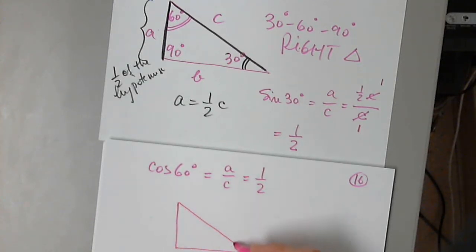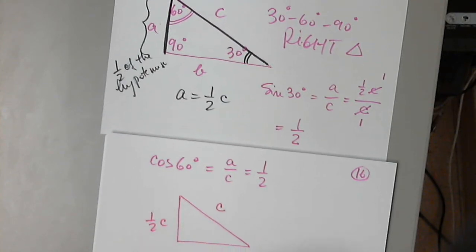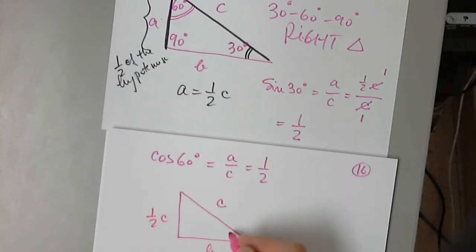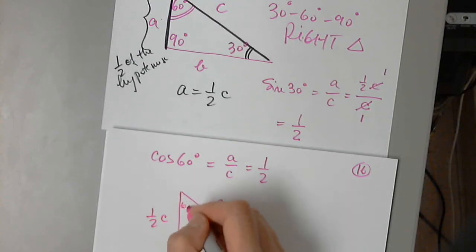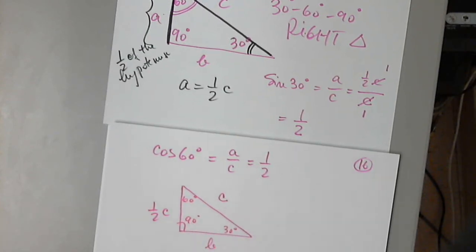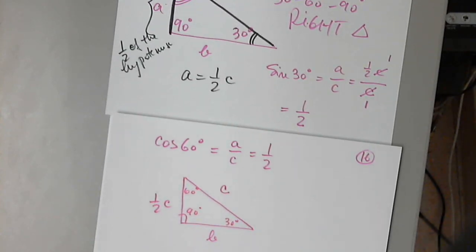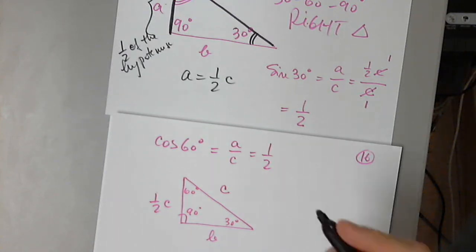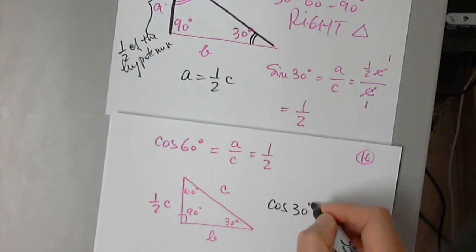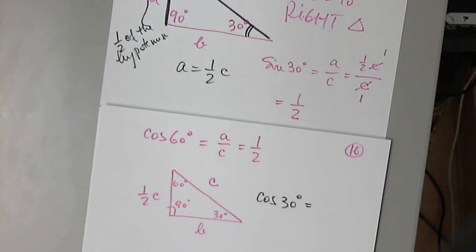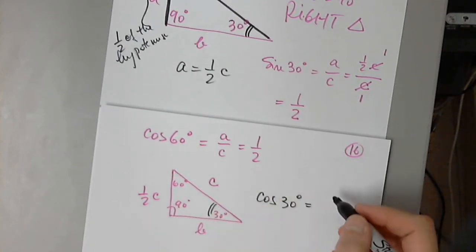If I know that this is C, and this is 1/2 C, and this is B, 30 degrees again, I'm just copying it one more time. Let's identify cosine 30 degrees. Cosine 30 degrees is B over C. Would you agree with that?